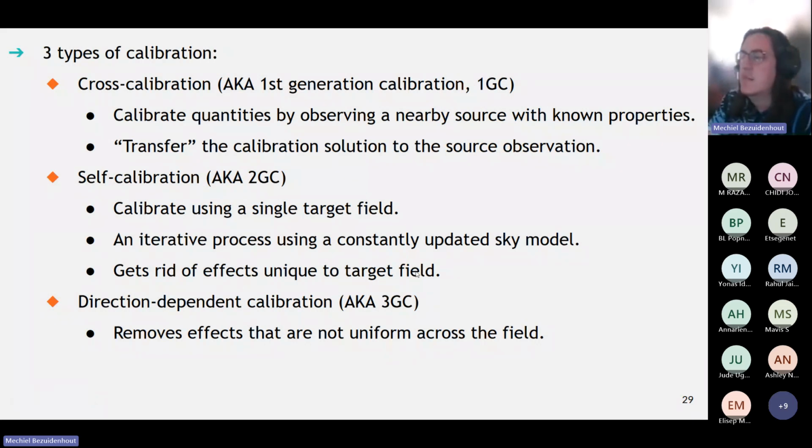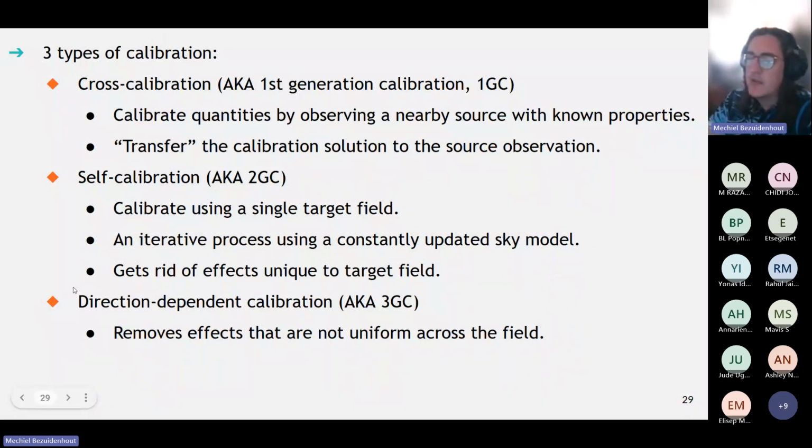And then thirdly, there's also direction-dependent calibration, or 3GC, which is a more recent development in imaging. This allows you to remove effects that are direction dependent or non-uniform across the field.